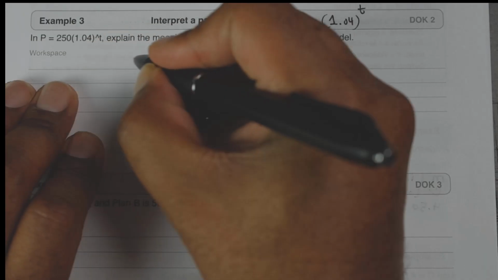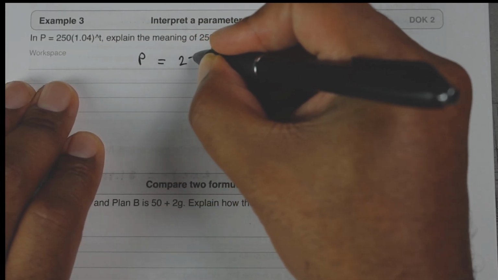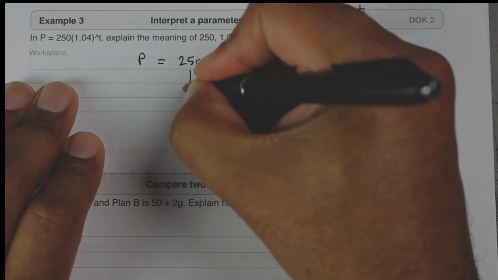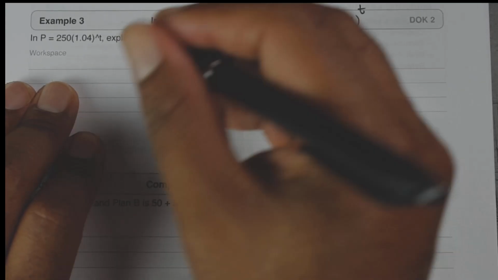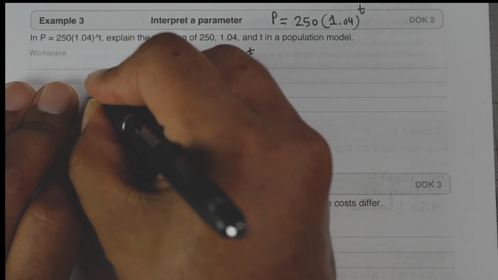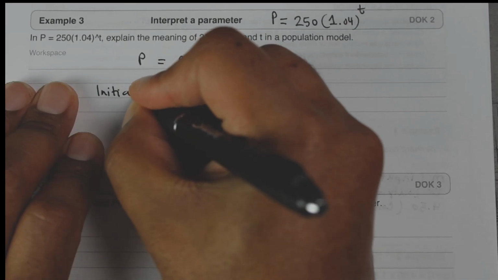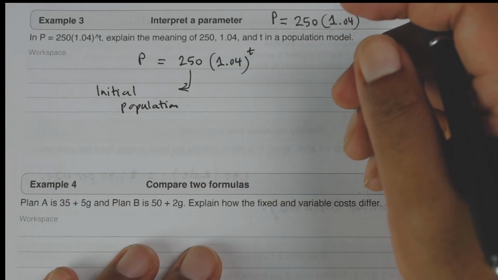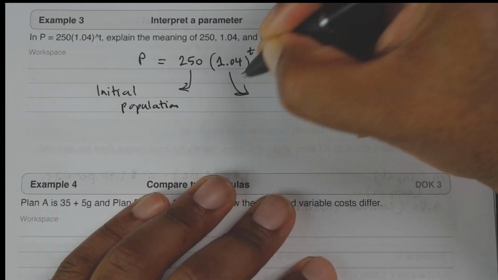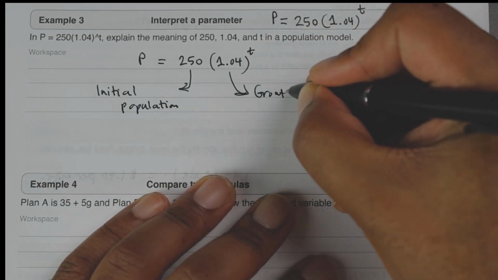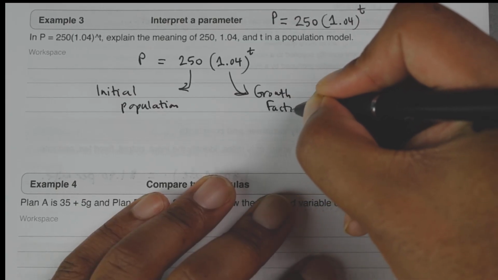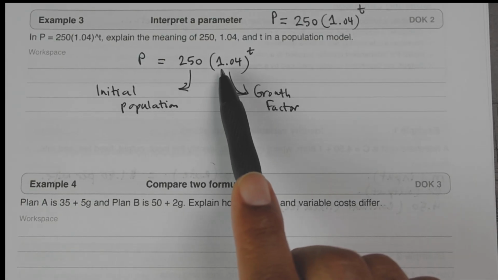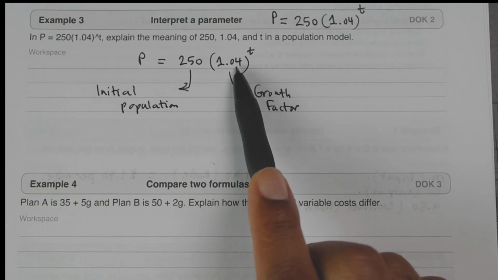If I were to dissect this, this is the initial population. And then the 1.04 is the growth factor, because 1.04 is essentially 1 plus 0.04.